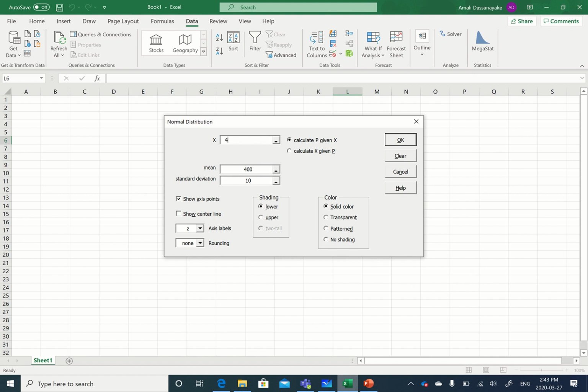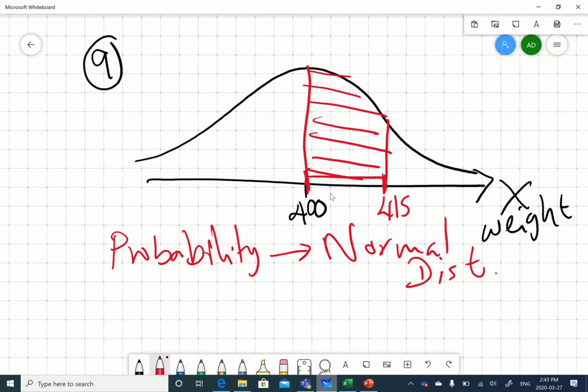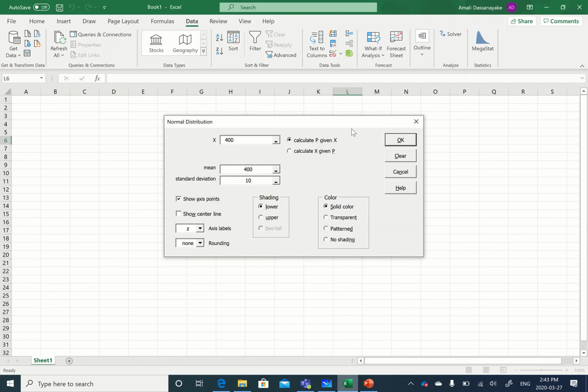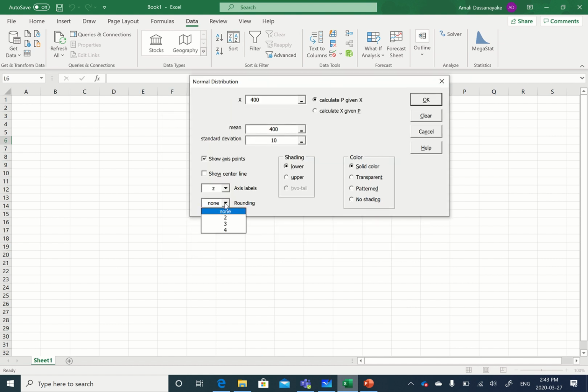So we are going to read 400 because we have two different limits. So we need the area between 400 to 415. So first I'm going to read 400. So I'm going to set this rounding to 2. When you set rounding to 2, this is only for the homeworks because homework uses the manual table reading, not Excel.